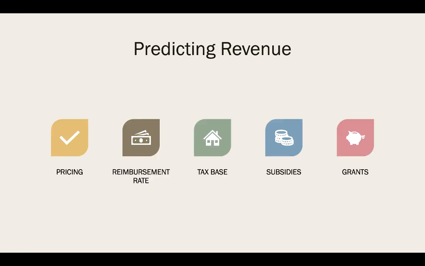We're going to look at a number of things to predict our revenue. One is pricing. What are we charging? Another is our reimbursement rate. What is our collection rate? So we charge one thing, but what are we actually getting? We're going to look at our tax base. Maybe your organization receives revenues based on taxes, local taxes. Also subsidies, separate from taxes.